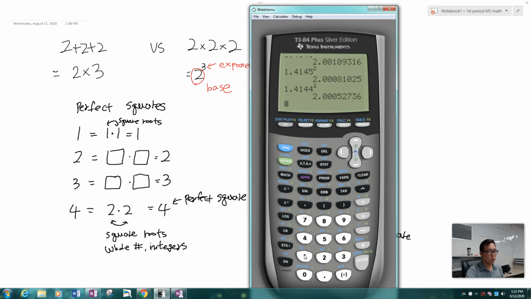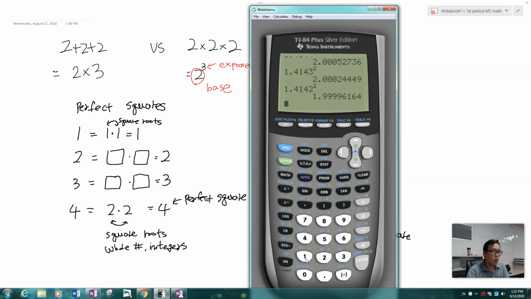Still bigger than 2. 1.4143 squared. Still bigger than 2. 1.4142 squared. Now it's less than 2, but it's not 2. It's very close to 2, but it's not 2.